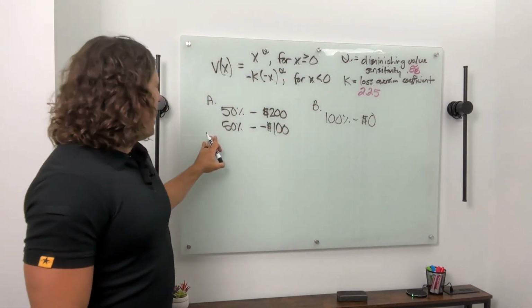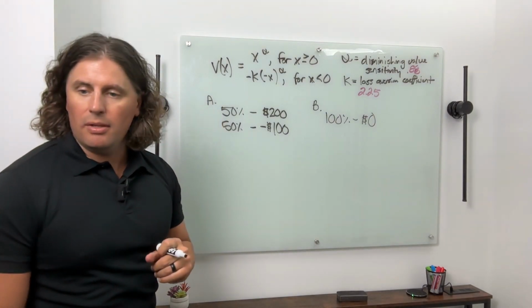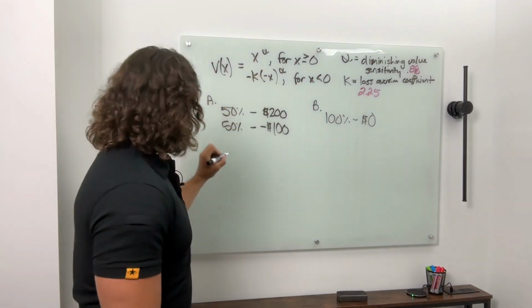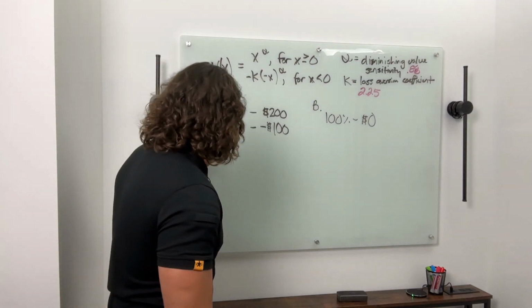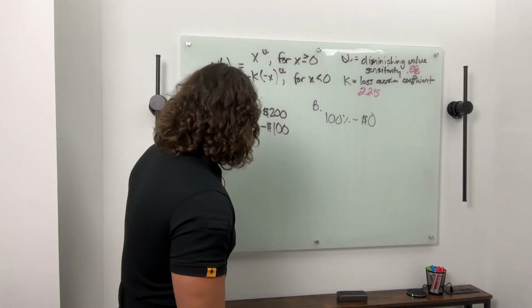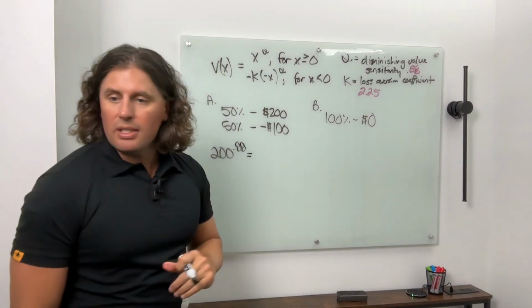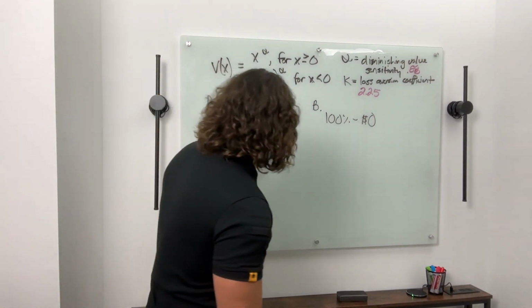All right, so now for the top, we're going to use our utility function here. That means we're going to take 200. And it's a positive number, so we're up here to the 0.88 power. And that's going to give us 105.90.